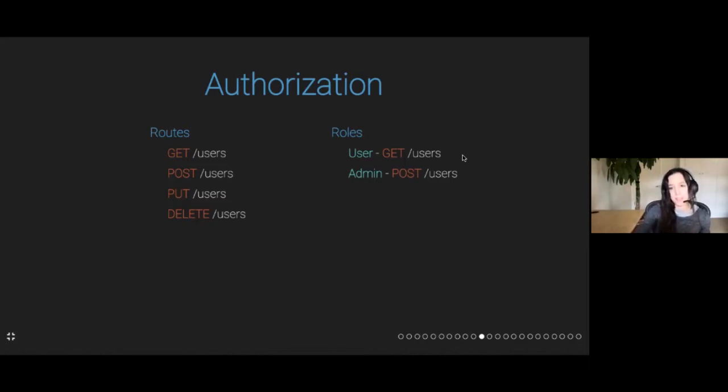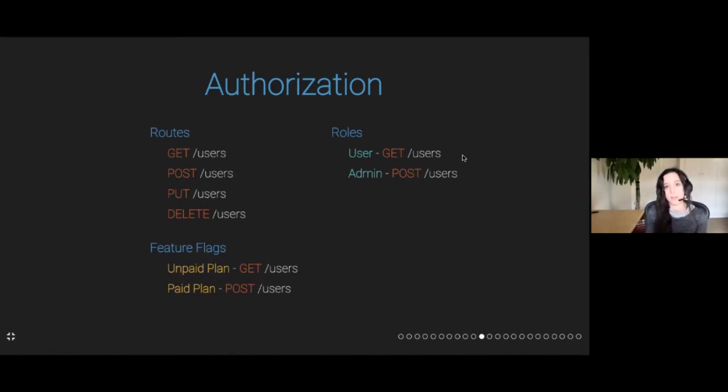And then things may get additionally complex when you start to think about things like feature flags, right? So in addition to user roles and access to routes, you may have feature flag plans. So if you have an application and you have users that have unpaid plans, like free accounts, you might say, okay, you're allowed to get this list of users, but you can only create a list of users or post to this endpoint if you pay us or you give us money.